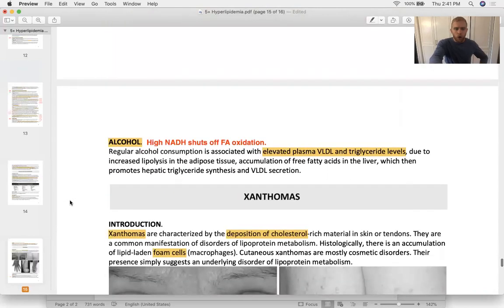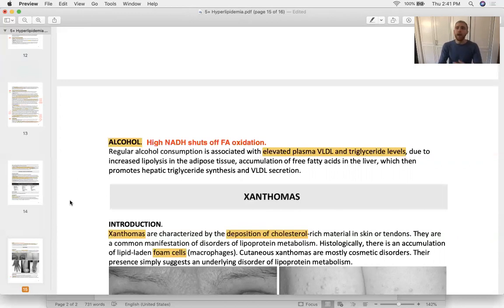And finally, alcohol. In terms of where we are in our studies right now, I think a fair question is, what's the pathophysiology, or what's the biochemistry behind how alcohol impedes fatty acid oxidation? The answer is that alcohol dehydrogenase creates NADH as a byproduct of its work, and then acetaldehyde dehydrogenase creates another NADH.